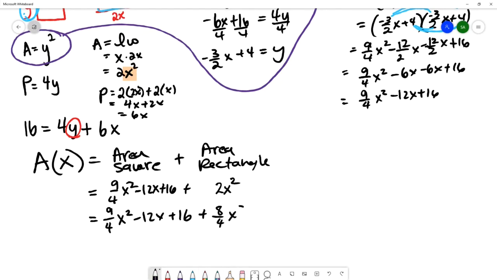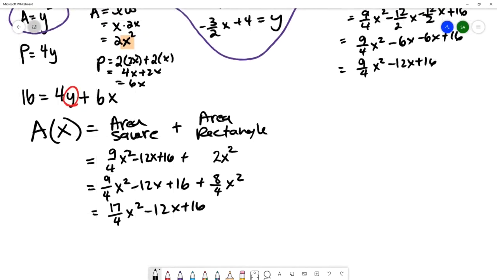It's the same thing as 2. And we can add those together to get 17/4x squared minus 12x plus 16. So now we have an area function that represents the total area. And remember, our goal is to minimize. We want to minimize that total area.